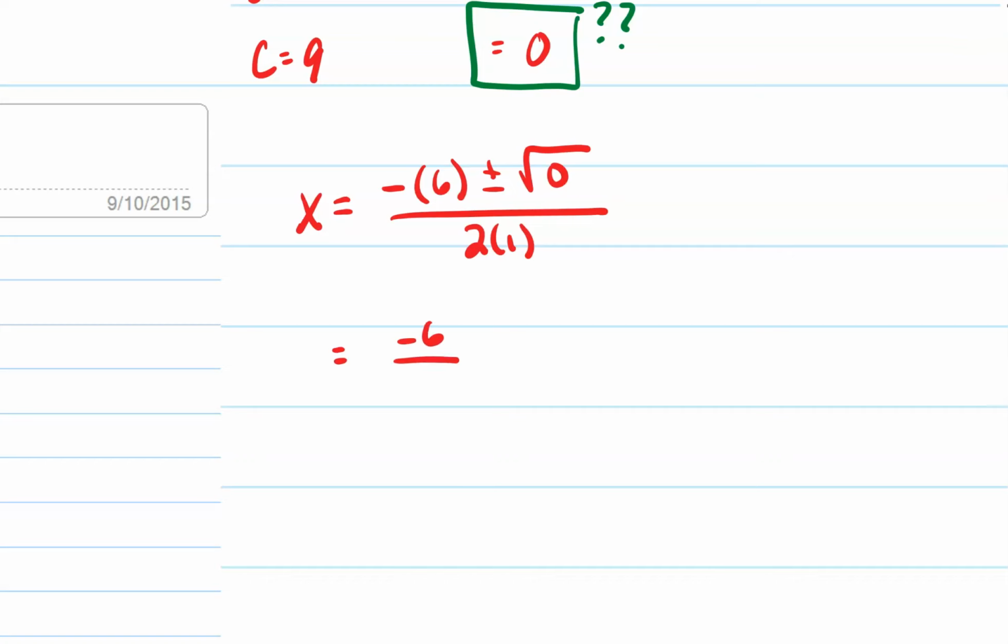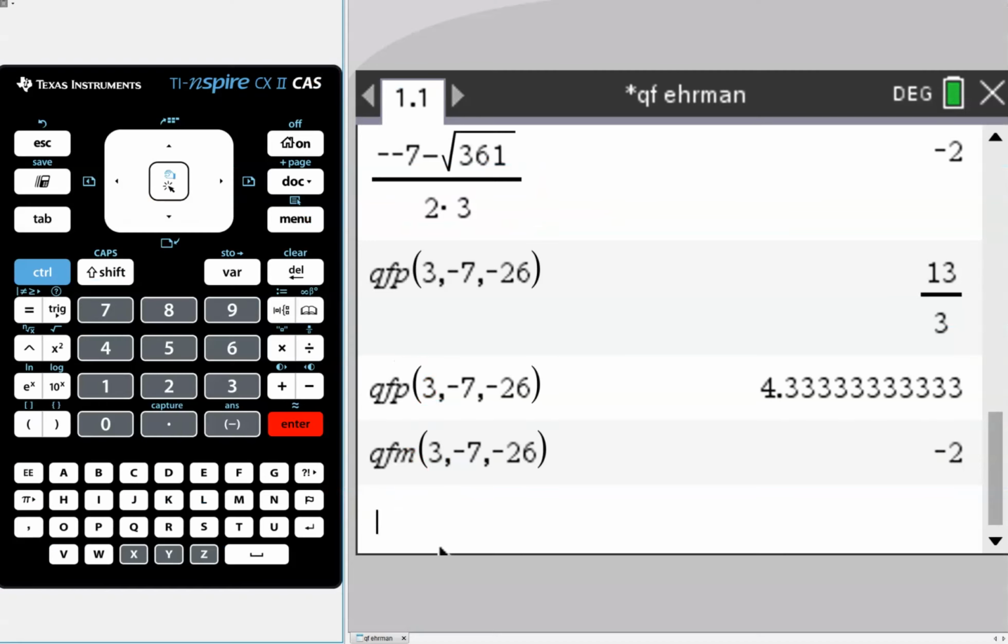So I now have negative 6 divided by 2, or in other words, negative 3 as the result. And so that implies that negative 3 is the result for the quadratic formula plus and the quadratic formula minus technique. So let's see what we get. What is QFP with 1, 6, and 9?